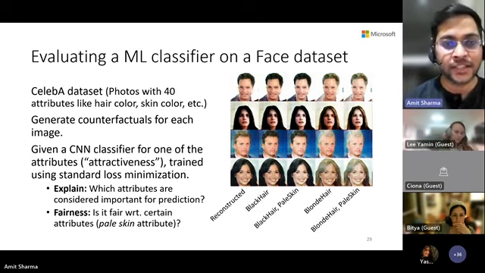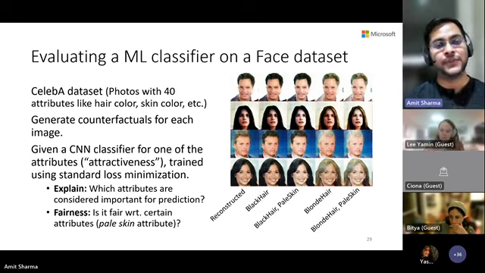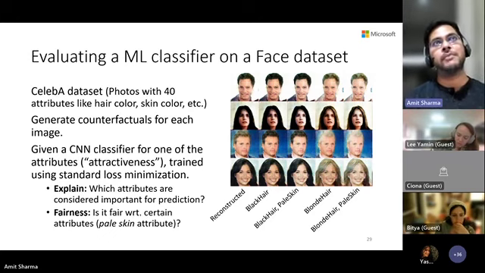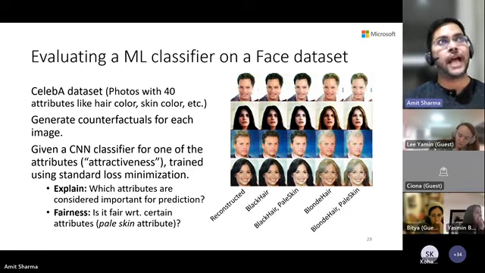But the cool part is that if you can generate these kinds of counterfactuals, now you have a general tool to analyze any image model, right? So imagine that you had some CNN classifier with you, and you wanted to know how good it is in terms of, let's say, being accurate for different kinds of skin color or different kinds of hair color and so on.